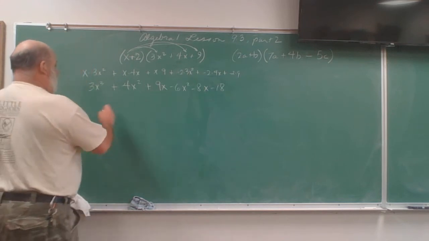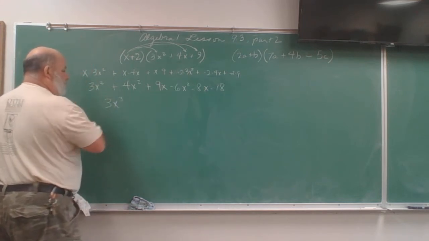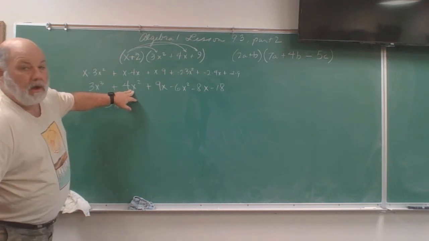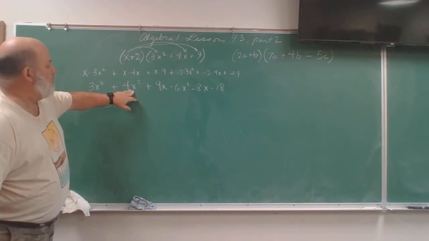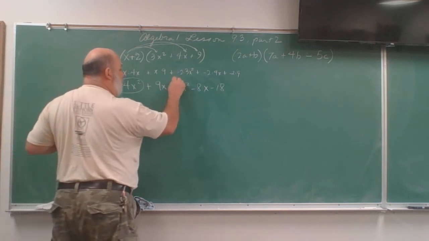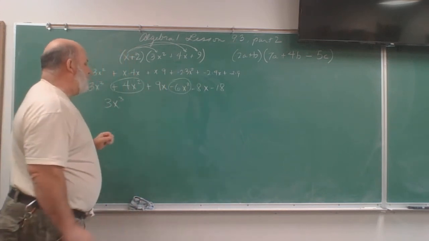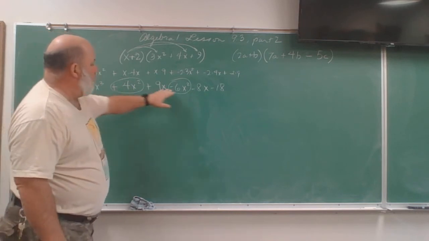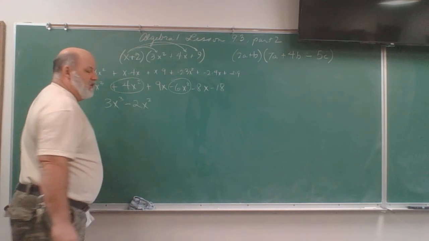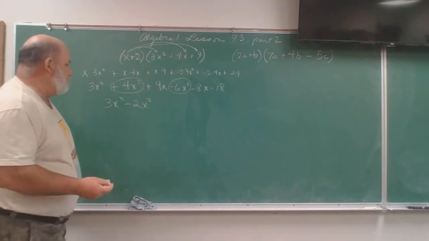There are not. The 3x cubed is flying solo. But here's 4x squared. Are there any other x squared terms in here? There are. Here's positive 4x squared and negative 6x squared. 4 minus 6 gives me negative 2, and I have to have the x squared with it.